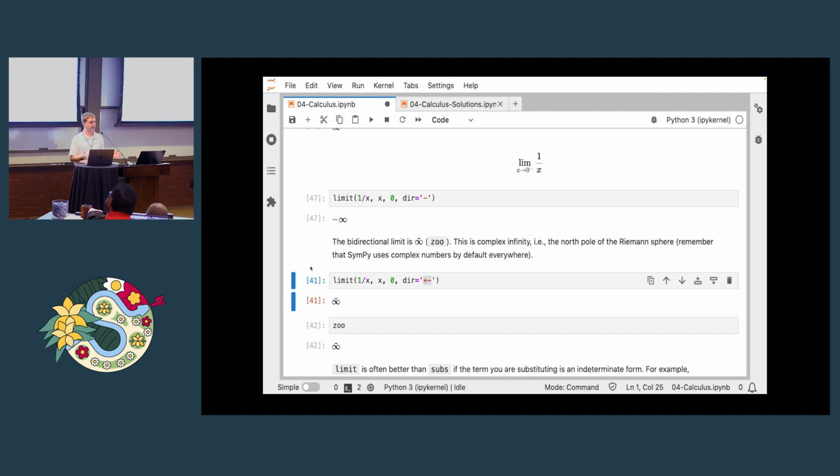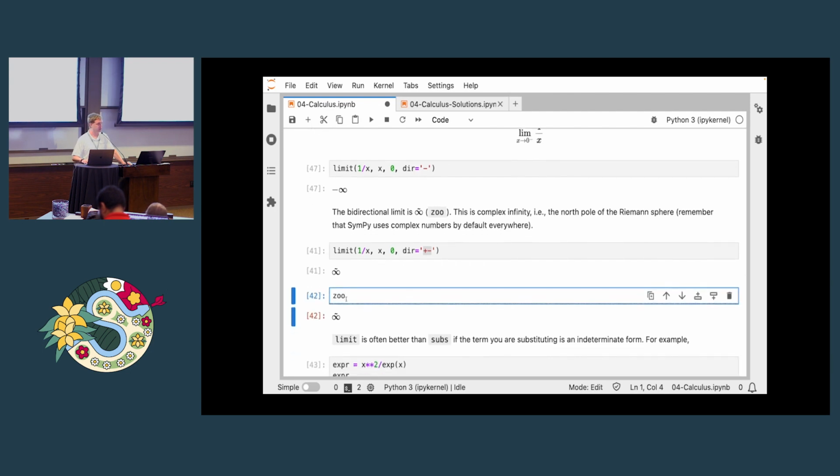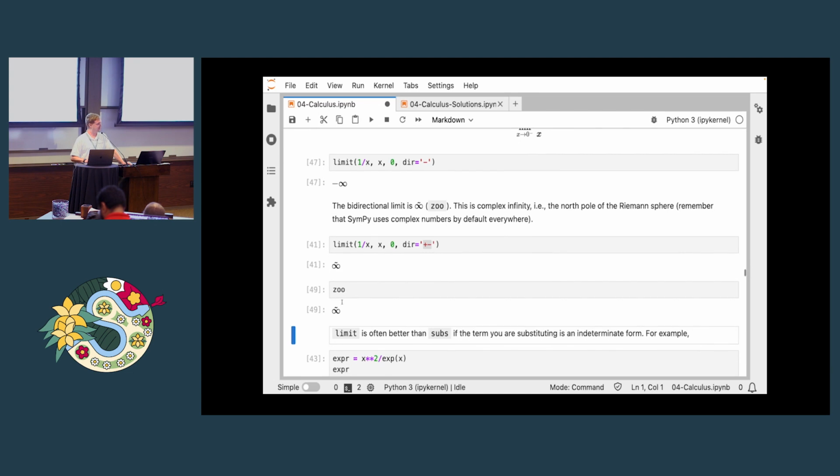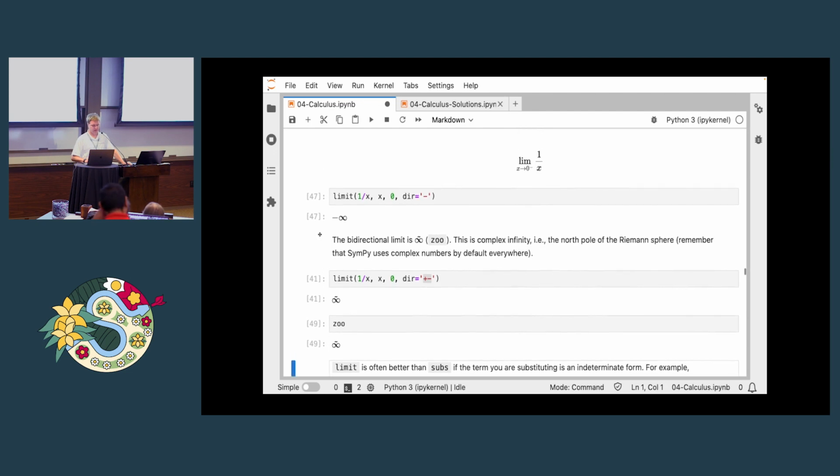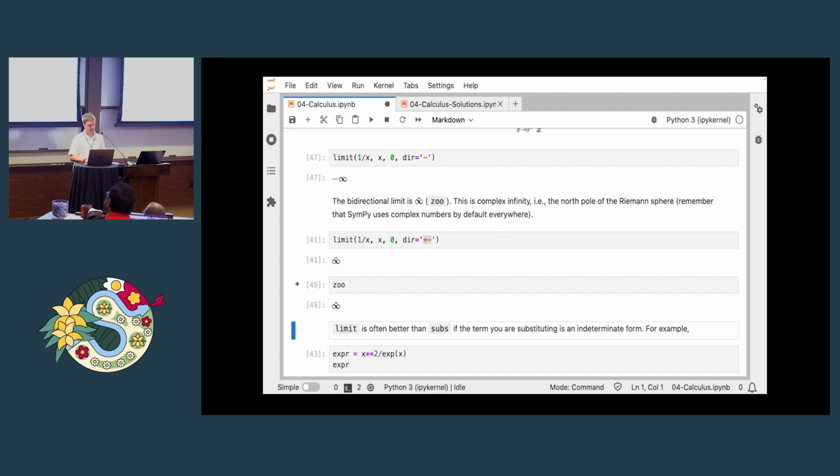You can imagine taking the complex plane and wrapping it up into a ball, and then the very top of that ball is the complex infinity. Since SymPy works with complex numbers by default, it has this complex infinity to represent that. If you want to make that object, zoo is the name of that.